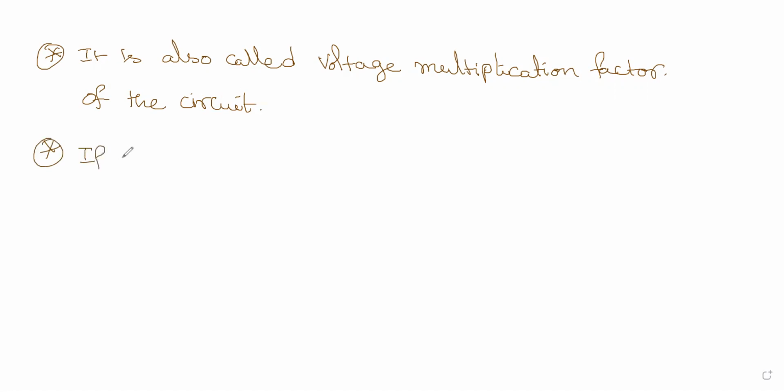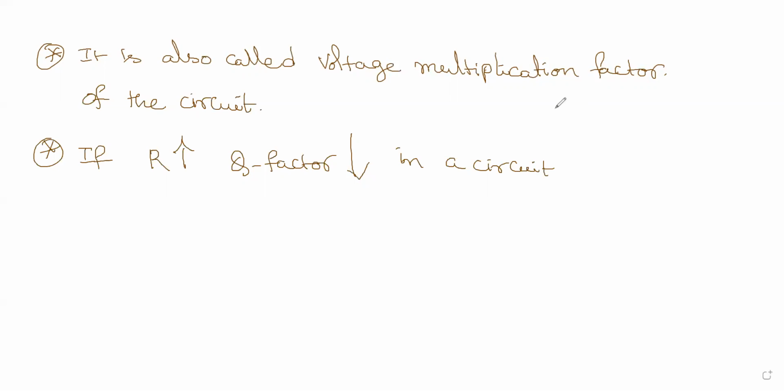If R value increases, Q factor decreases in a circuit. Why?